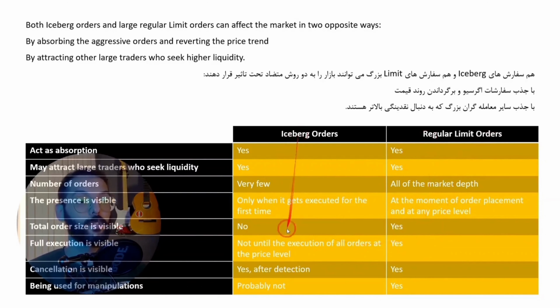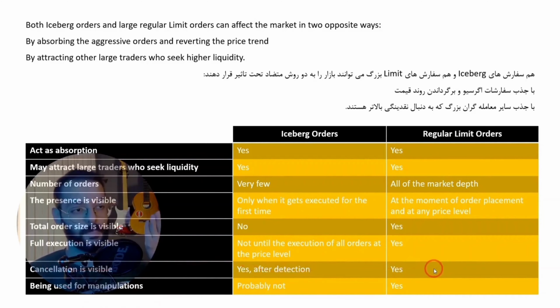But for the iceberg, it says here, not until the execution of all orders at the price level. It means all orders at that price level must be executed so we can understand that the execution was complete, otherwise we can't really tell.